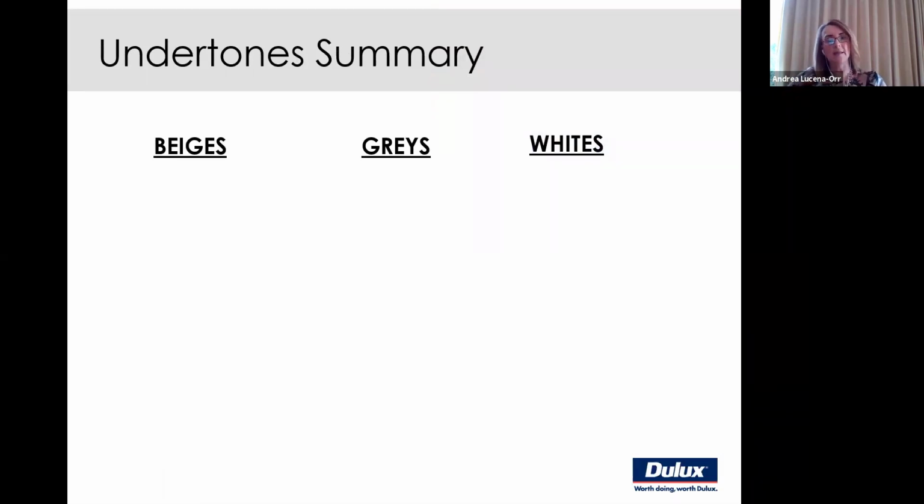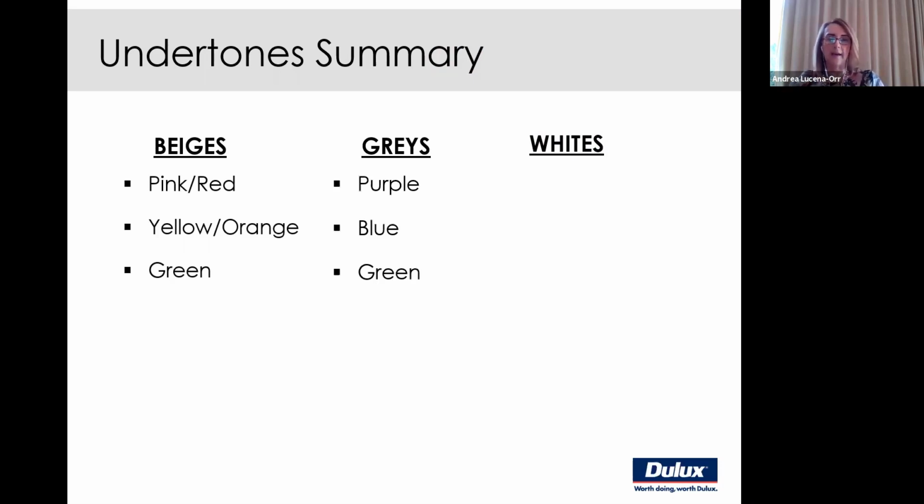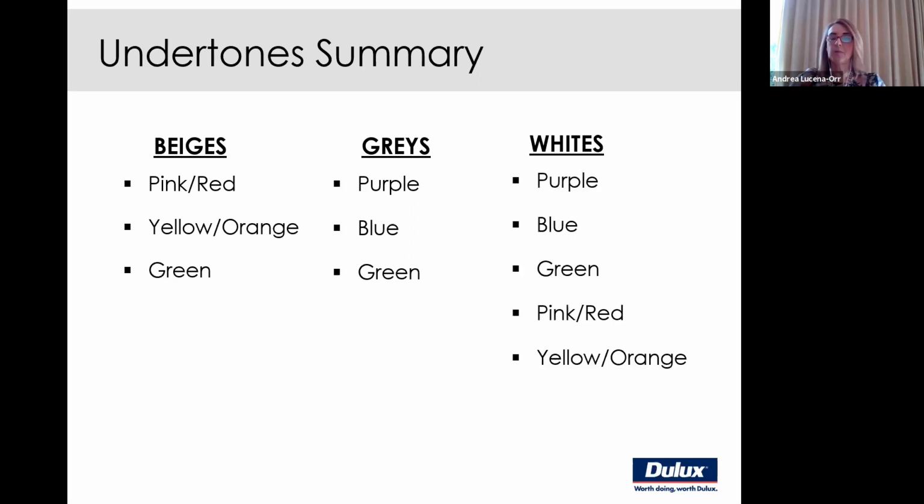So just in summary, we have our undertones for beiges and of course our greys, and you can see importantly that you do get in greys that purple or red undertone. You can also in beiges get that beautiful red, and that gives you that warmth in the beiges as well. Green goes across both areas, but of course whites, you can have all of the above.